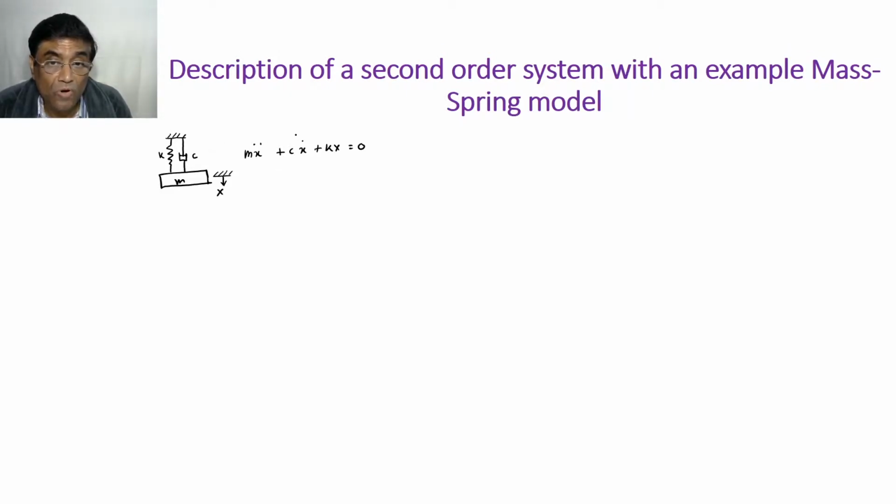Now, how to solve this equation? Before telling you that story, first we'll learn how to solve a much simpler system. Okay, suppose I do not have a damper. Instead, I have a mass spring system.